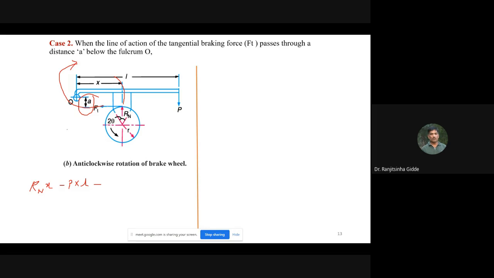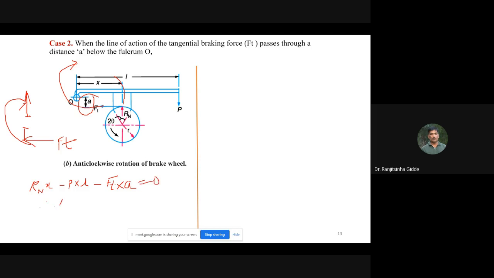If you consider this one example, here FT is in clockwise direction. So minus FT into A is equal to 0.